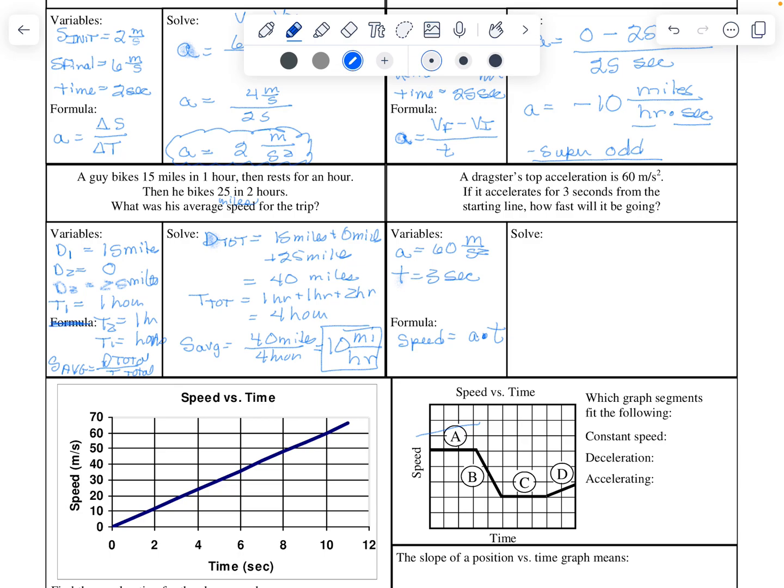Okay, let's begin. Our speed will equal our acceleration, 60 meters per second squared, times 3 seconds. So my speed will equal 180 meters per second.